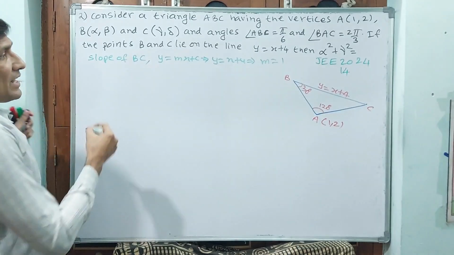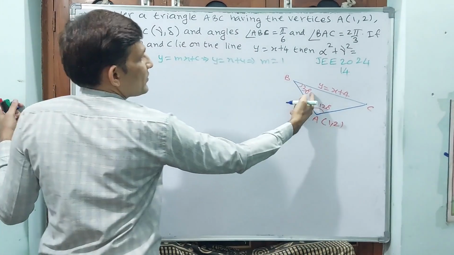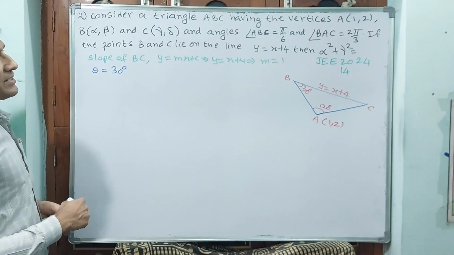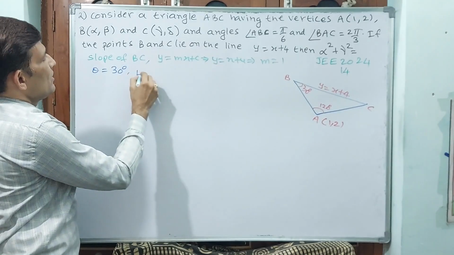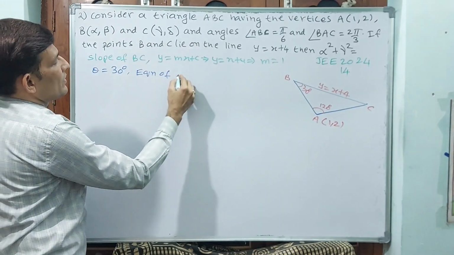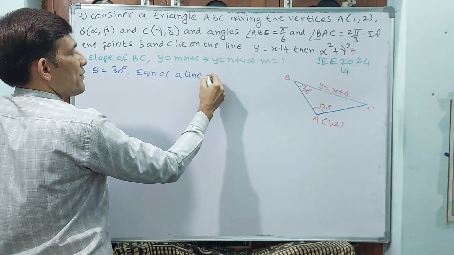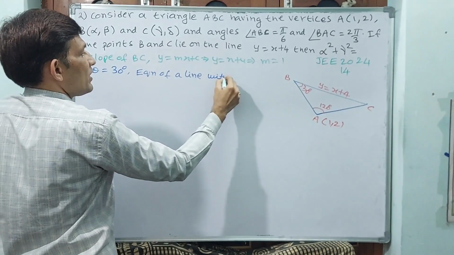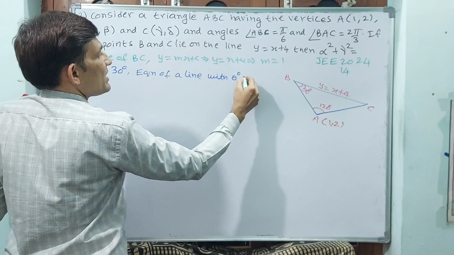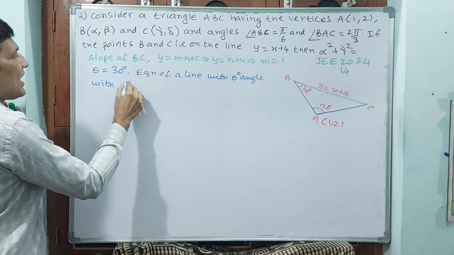Now what is the theta? Theta is equal to 30 degree. Why I have written this theta? Because one equation is there. What is that equation? I am writing. Equation of a line making theta degree angle with another line.